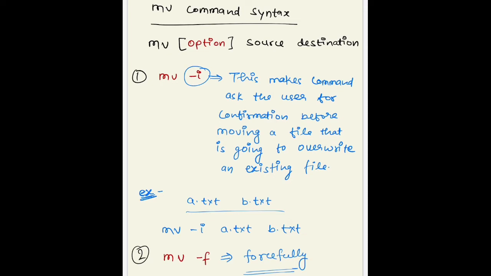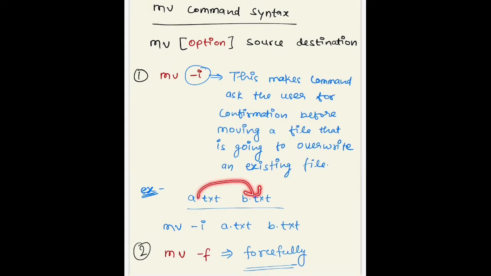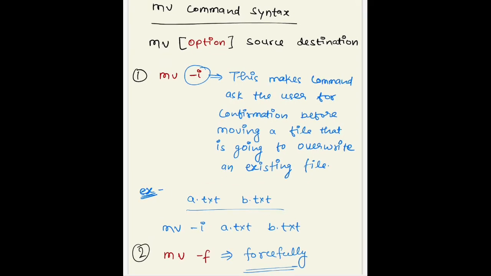So if I do mv a.txt b.txt, this will overwrite b.txt. Suppose b.txt is an important file, you have some important data in it, and you just renamed a.txt to b.txt. In that case, b.txt will be overwritten and we will lose all the data.